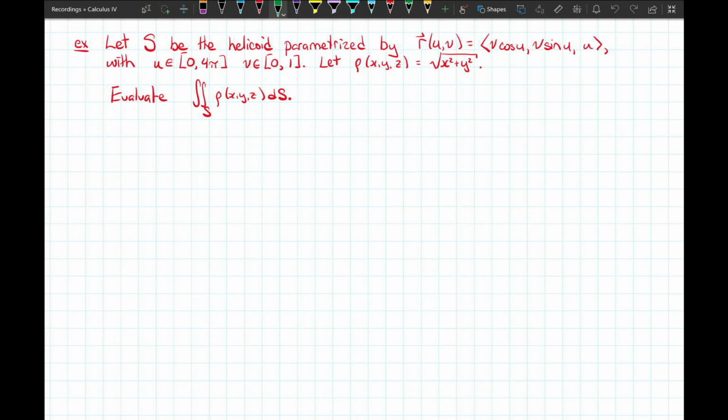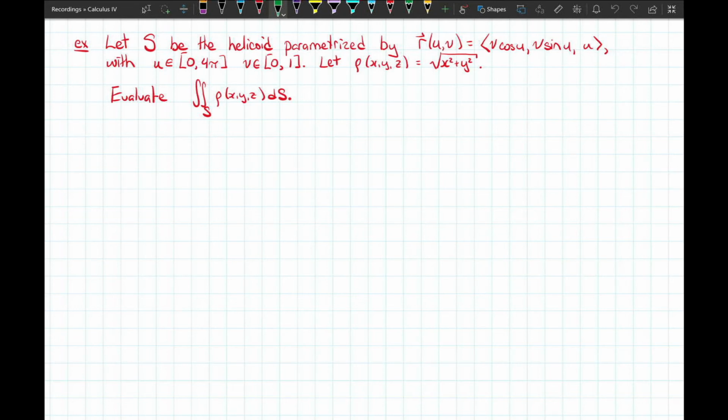And we're going to use u from 0 to 4 pi, so that should be 2 full rotations, and v from 0 to 1. Now, we're going to try evaluating the surface integral of this function rho of x, y, z equal to the square root of x squared plus y squared. If you want to get a sense of an application for this, we could think about that as being sort of like the density of this very thin corkscrew.